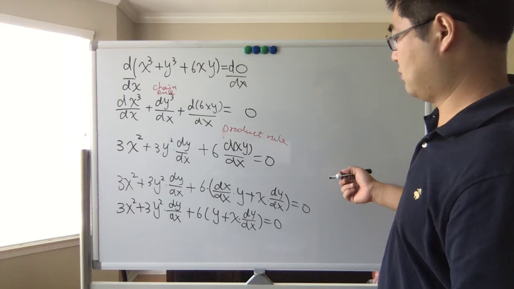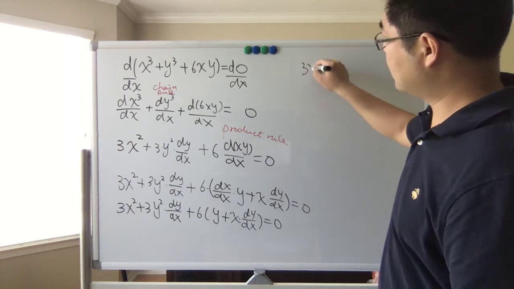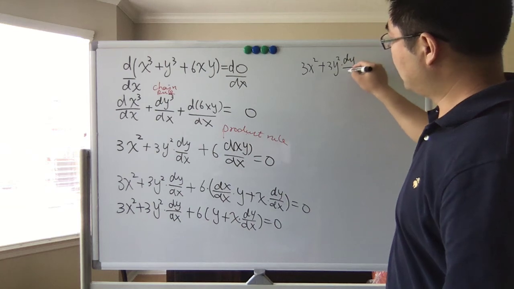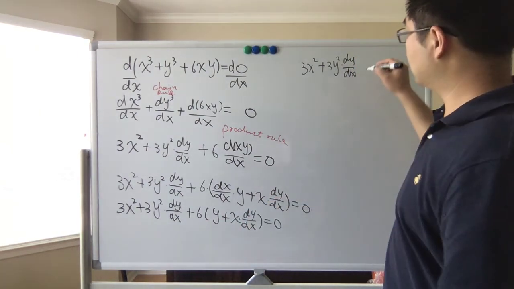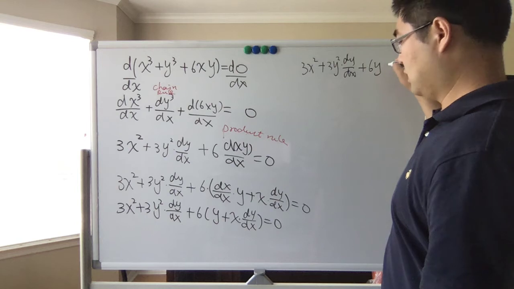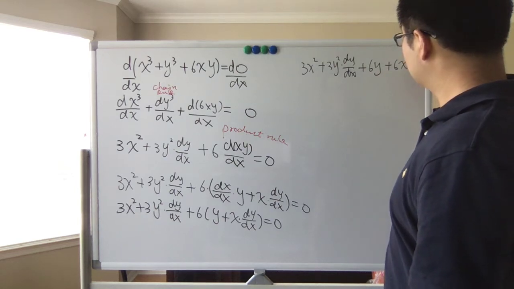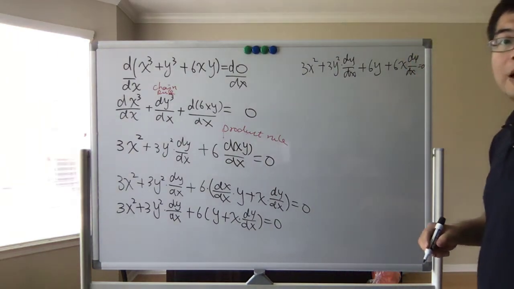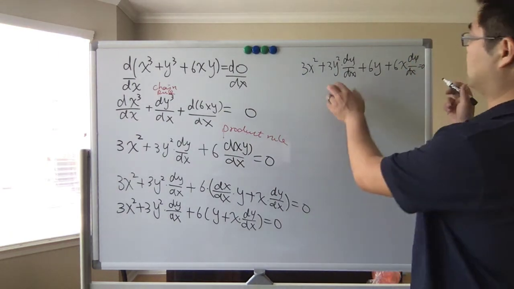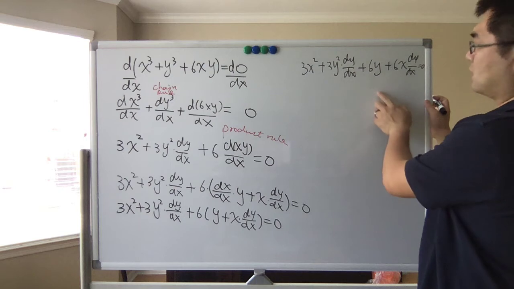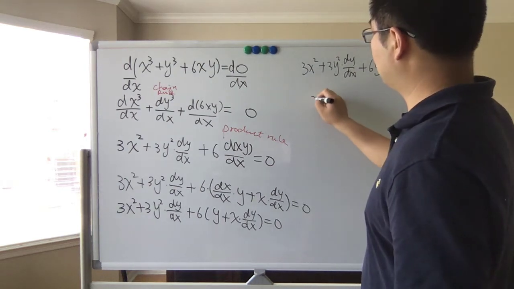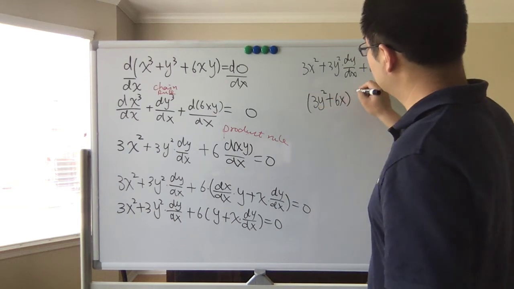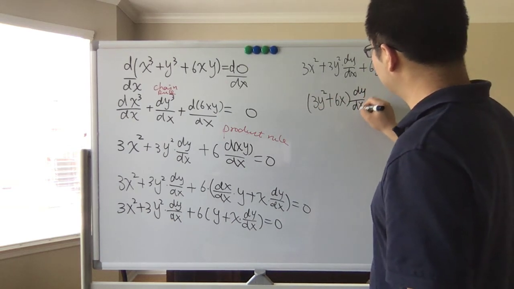Let's see, how do we do that? Well, I have 3x squared plus 3y squared dy/dx, and I multiply this out, which gives me 6y plus 6x times dy/dx equals 0. What I can do is keep the terms involving dy/dx on the left, which is (3y squared plus 6x) dy/dx.